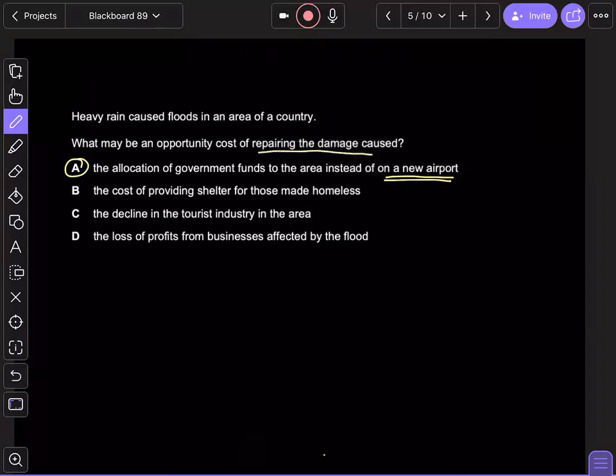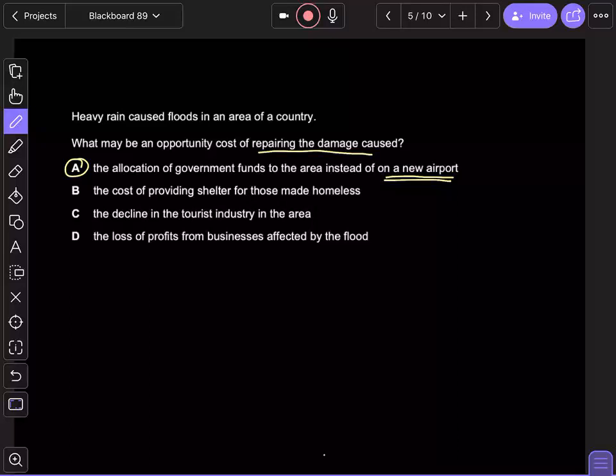The rest of them will not be the opportunity cost of repairing the damage. Like for instance, option B is the cost of providing the shelter. The cost of providing the shelter is the explicit cost. Option C is the decline in the tourist industry. Again, the decline in the tourist industry is not the opportunity cost of repairing the damage.